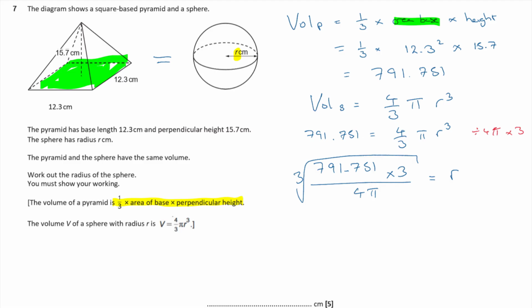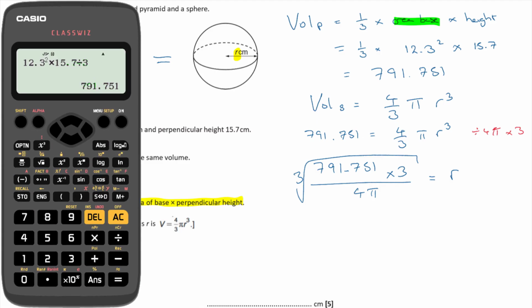Right, so let's type that in. I'm going to use the root sign first, so cube root, shift, there it is. Then I'm going to use the fraction key. It's actually my answer, so I'm just going to press answer, times by 3, and on the bottom I'm going to have 4 pi.